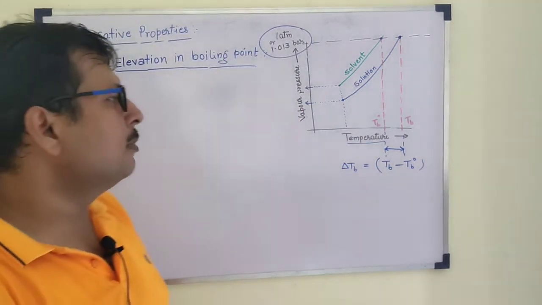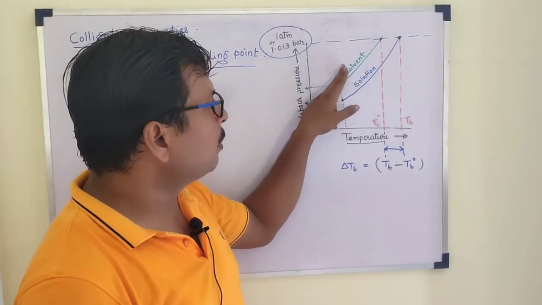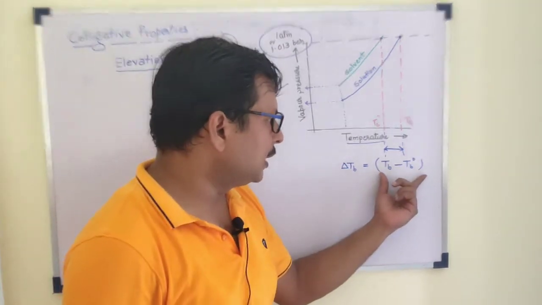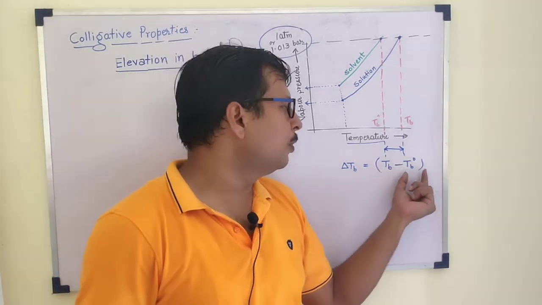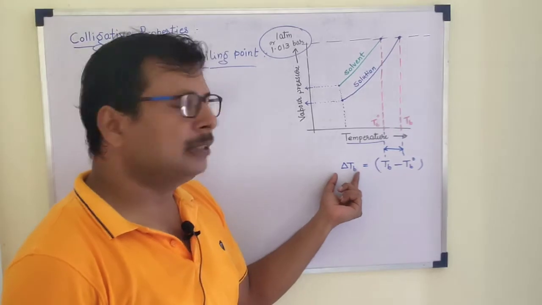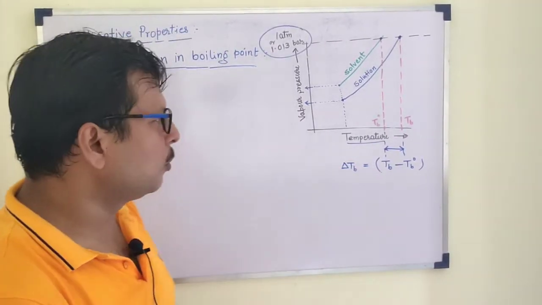It means how much the boiling point is elevated when we convert a solvent into a solution. This much, that is, the boiling temperature of the solution minus the boiling temperature of the pure solvent. This is represented by delta TB, and it's a colligative property. How is it a colligative property?